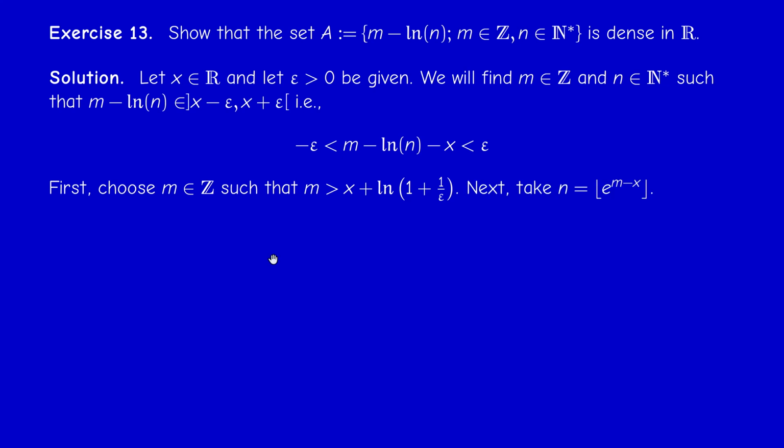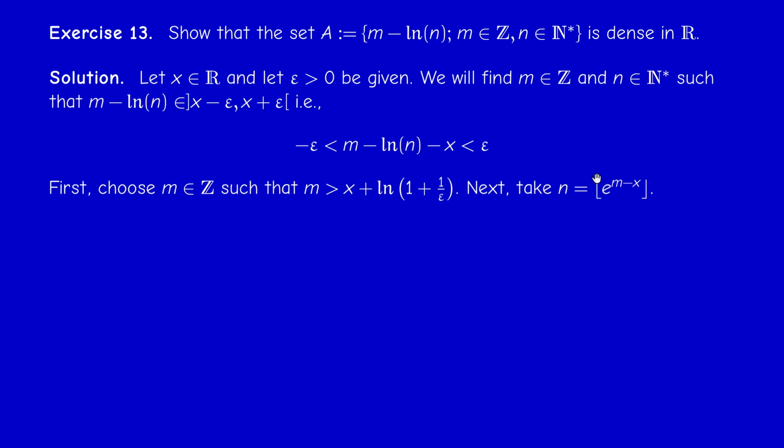Now, for n, I don't have many choices. So the idea is actually what? I want m minus ln n, or m minus x, to be close to ln n, but big enough.